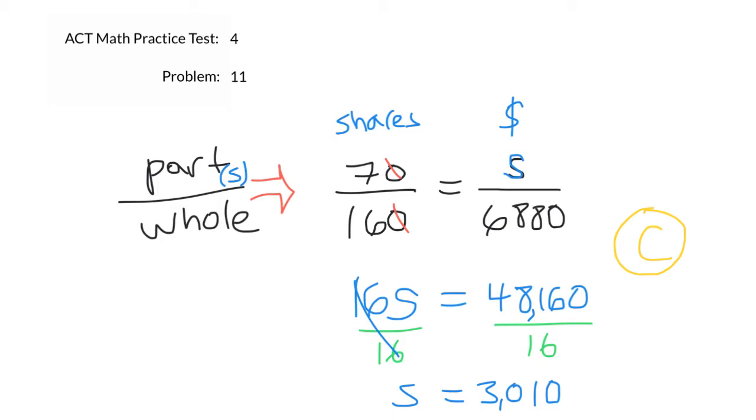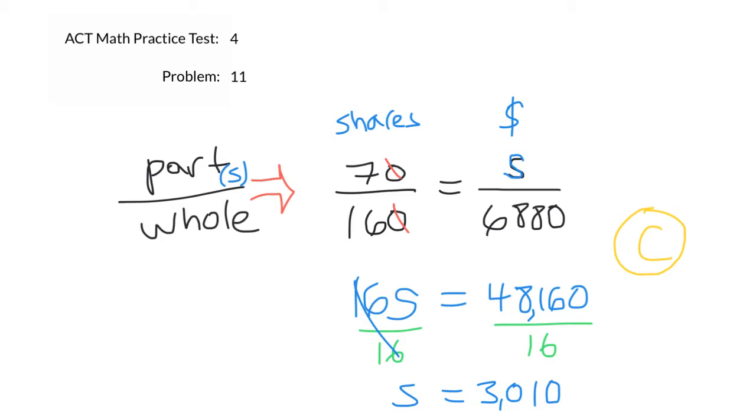Now, another way of having gone about this is to take the total monetary amount that all the shares equal, and then divide that by 160 total shares. Then you would find out how much each share is, and then you could multiply that by 70. Now, ultimately, that is what we did here, okay?